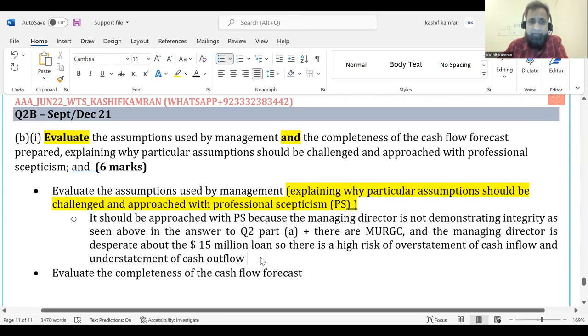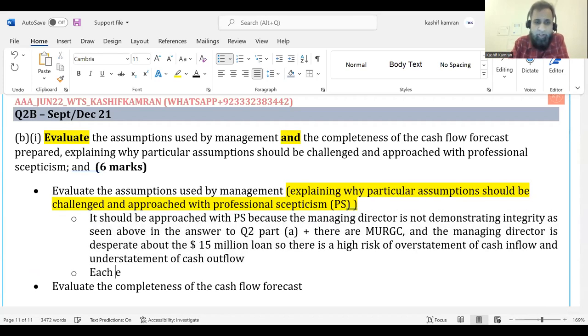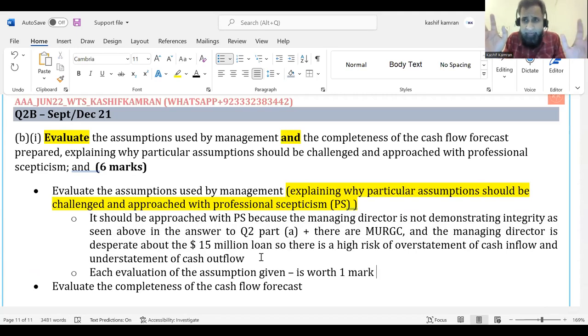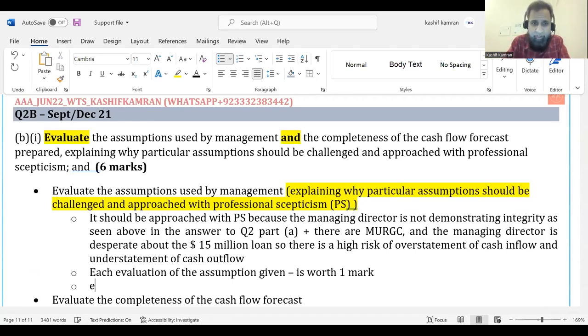Each evaluation of an assumption given is worth 1 mark. There are many assumptions given in the cash flow forecast; you just need to pick some of them and evaluate the assumption. Evaluate means you are justifying what is wrong with the assumption.